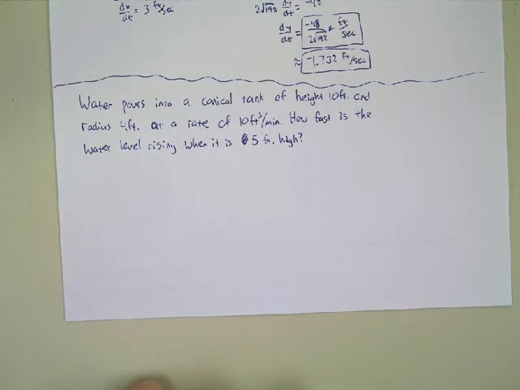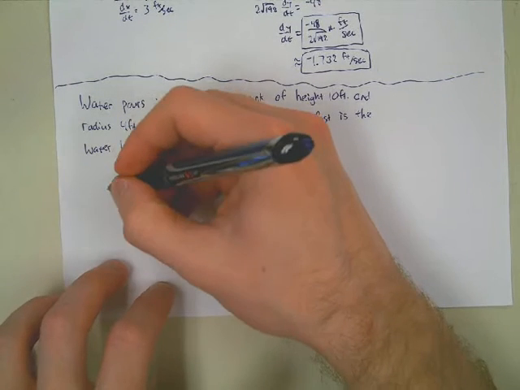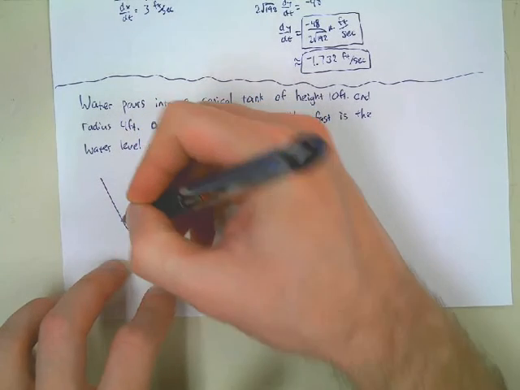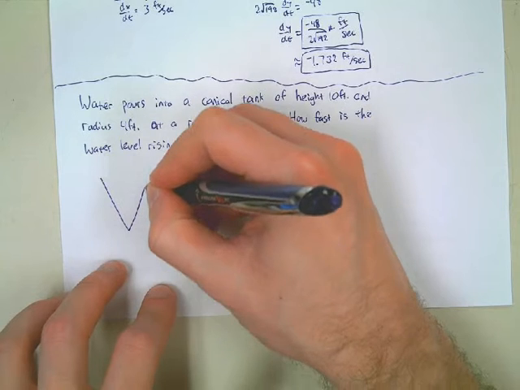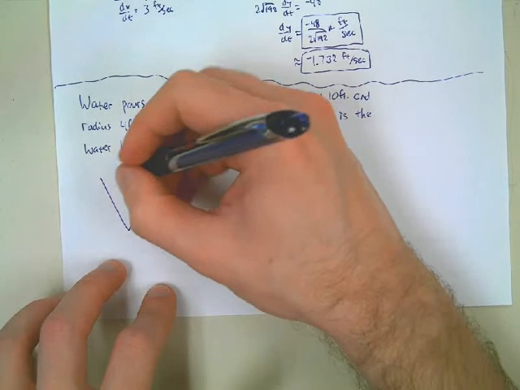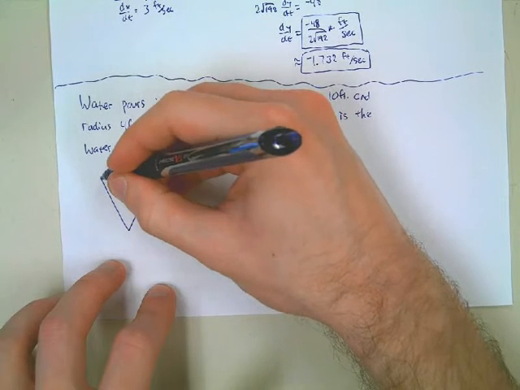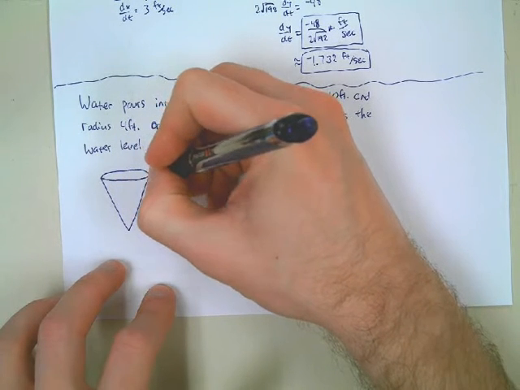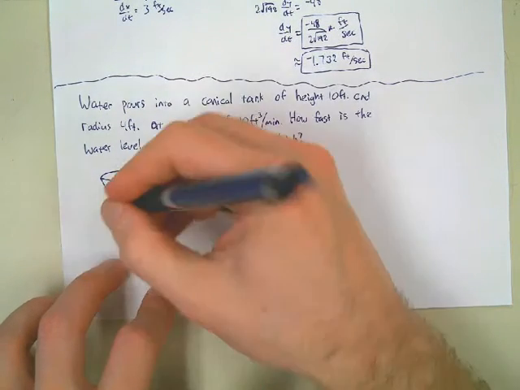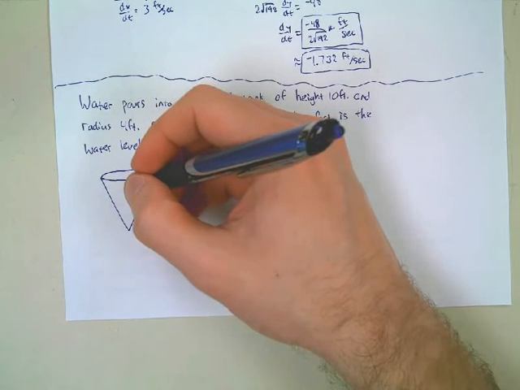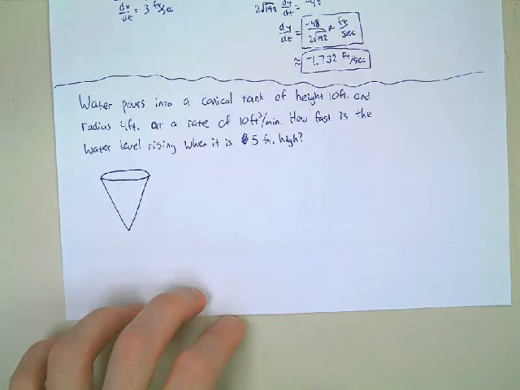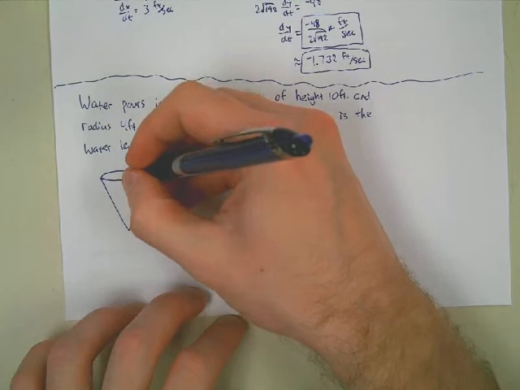All right, so we'll draw a picture here. Like I said, it's like an ice cream cone, an upside down conical tank. It would be kind of hard to pour into a cone sitting on its base. It wouldn't quite be a cone. So we've got our cone, and we want to label some things.